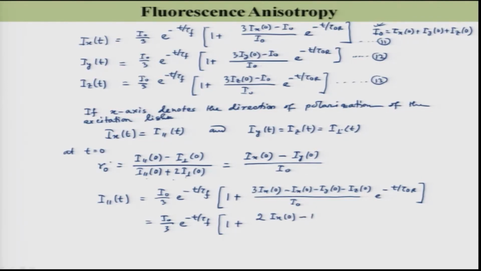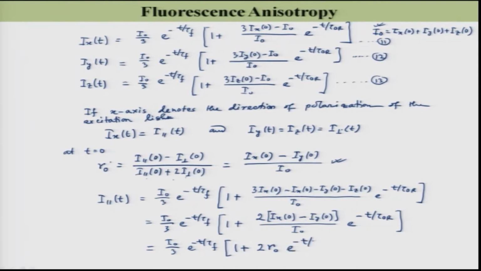I will write I y 0, 2 is common, divided by I 0 e to the power minus t by tau r. Here you see I x 0 minus I y 0 by I 0 is nothing but R 0. So, I parallel t equals I 0 by 3 e to the power minus t by tau f, 1 plus 2 R 0 e to the power minus t by tau r.